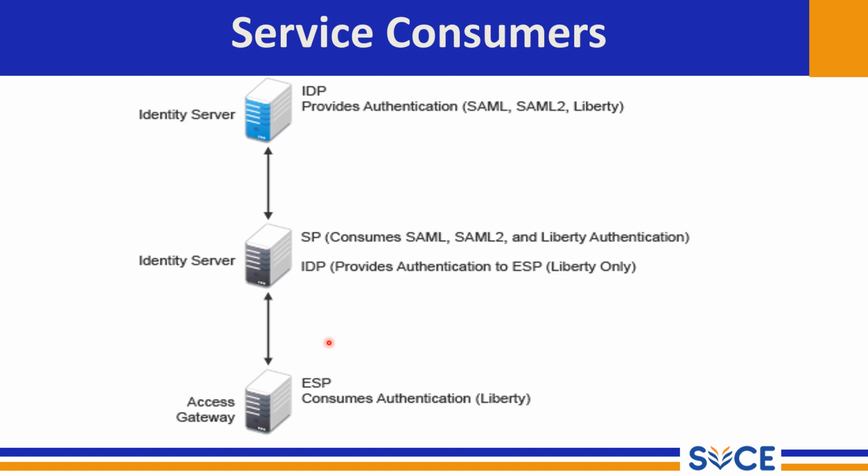Authentication is provided through various protocols: the identity provider, and the service provider consumes SAML or SAML2 and Liberty authentication from the identity server. And then the access gateway, like ESP, consumes authentication, that is Liberty.